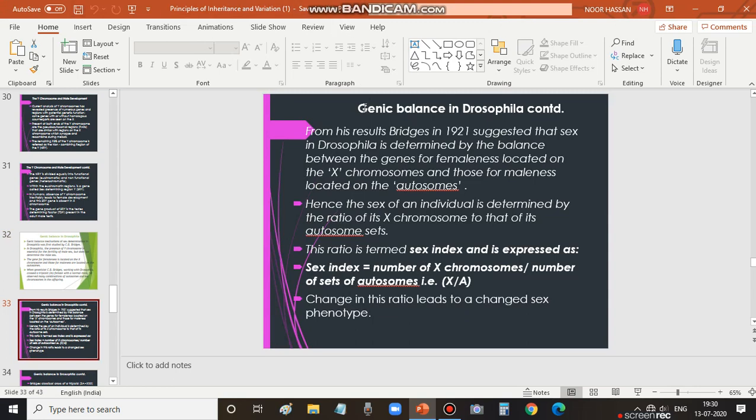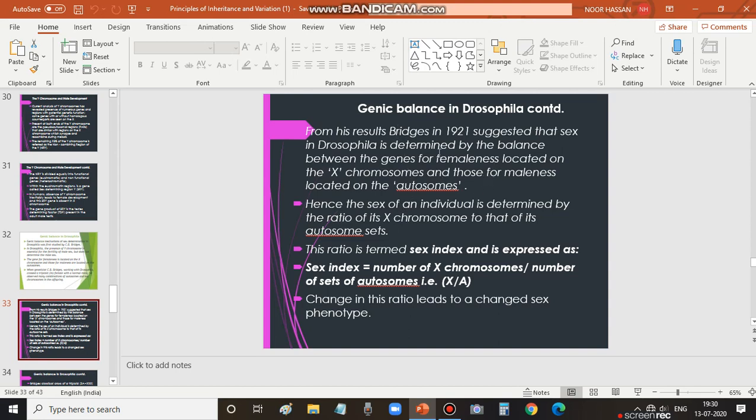From his results, Bridges in 1921 suggested that sex in Drosophila is determined by the balance between the genes for femaleness located on the X chromosomes and those for maleness located on the autosomes. We have learned earlier that genes responsible for femaleness are located on the X chromosome, and for maleness on the autosomes.